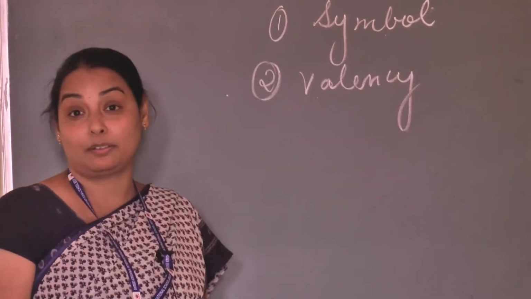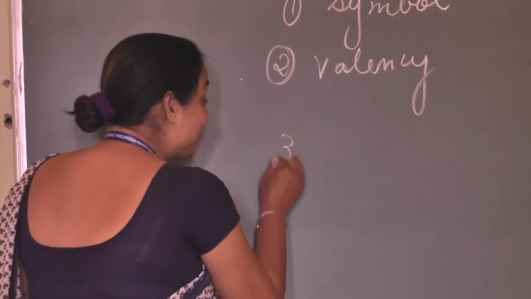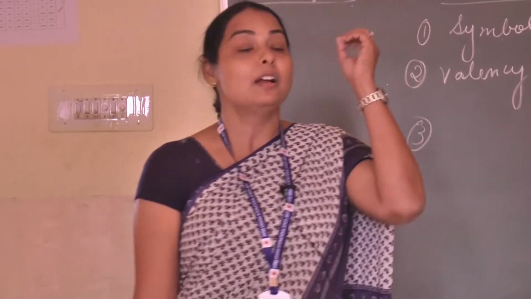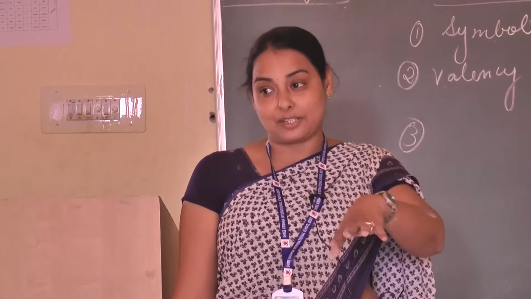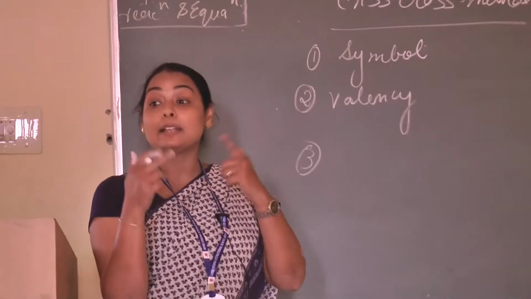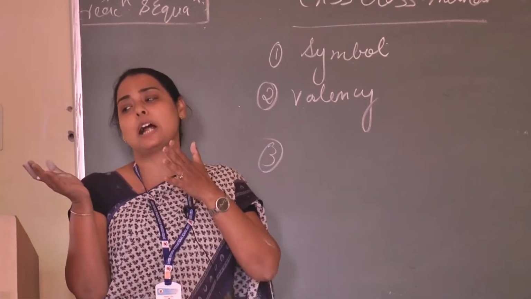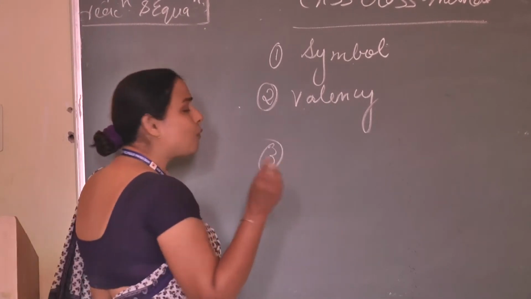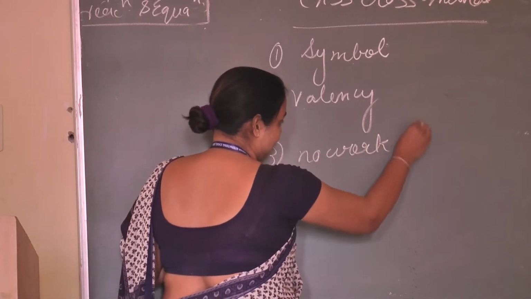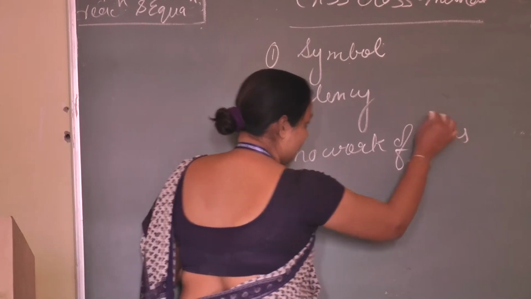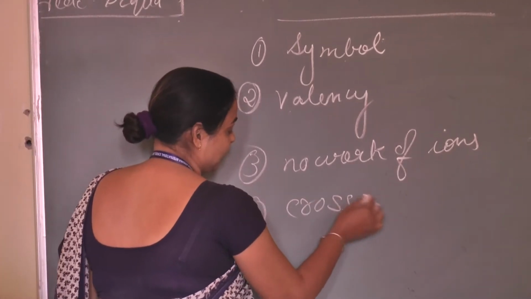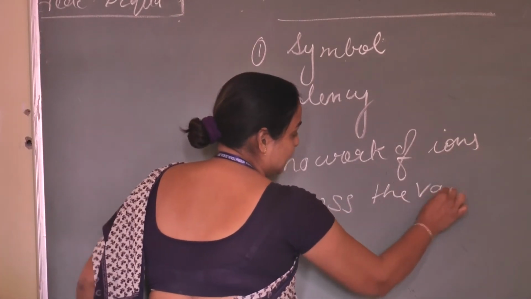This is very important. Third, when we are writing valency, we are putting charges, like giving electrons +1, accepting electrons -1, -2, whatever. But when we make the formulae, this ionic charge should be removed. There is no work of ions.